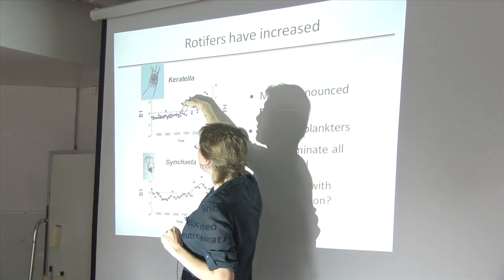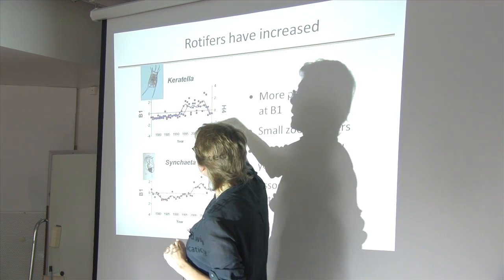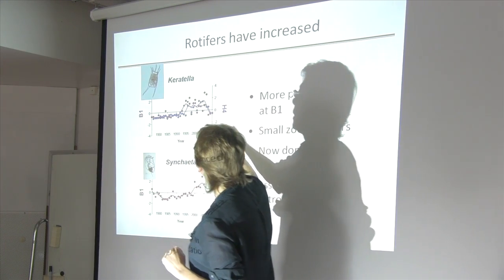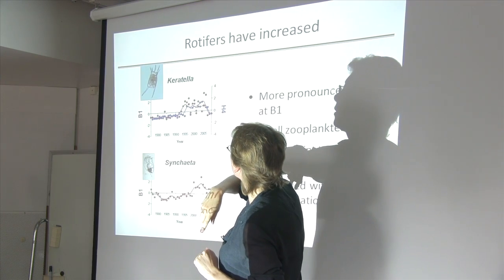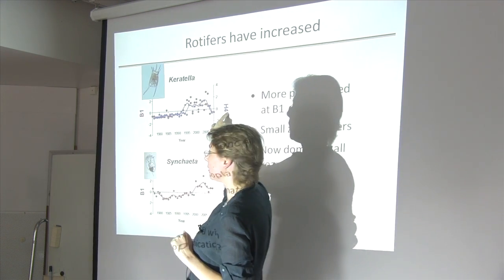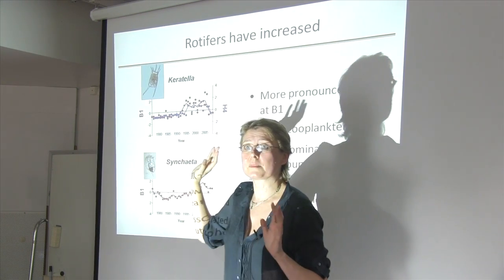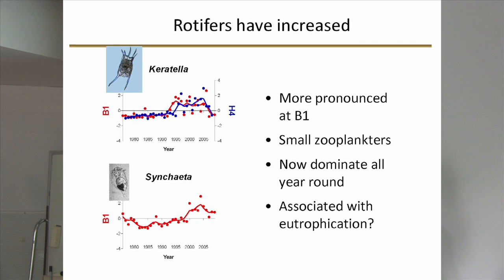Now rotifers, and here on the y-axis we have B1 in red dots, and on the right axis we have the Himmerfjärden station in blue dots, but they are essentially the same, so they all show the same pattern.